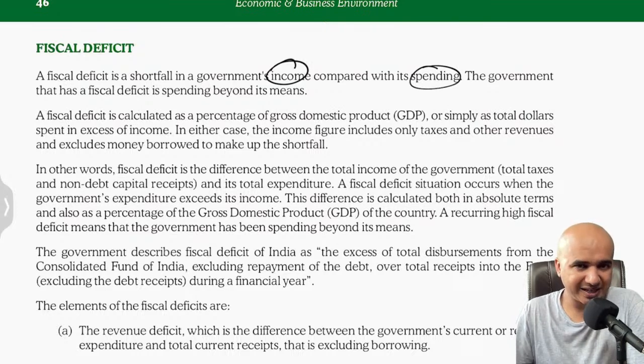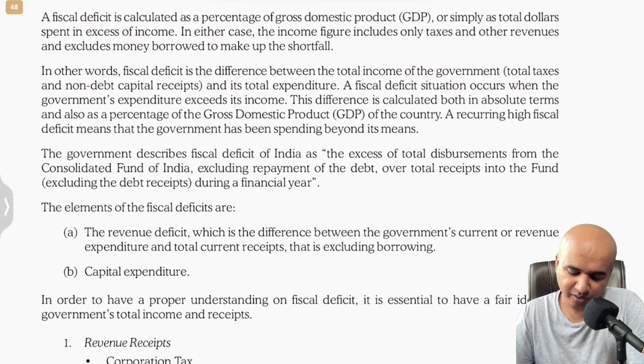If the amount of spending is more than the amount of income which the government is getting, then obviously it is nothing but fiscal deficit. A fiscal deficit is calculated as a percentage of GDP or simply as total dollars spent in excess of income. So however much we have spent in excess of income, that will be considered a fiscal deficit, and they will arrive at some percentage compared to GDP. That's okay, that's not a big deal.